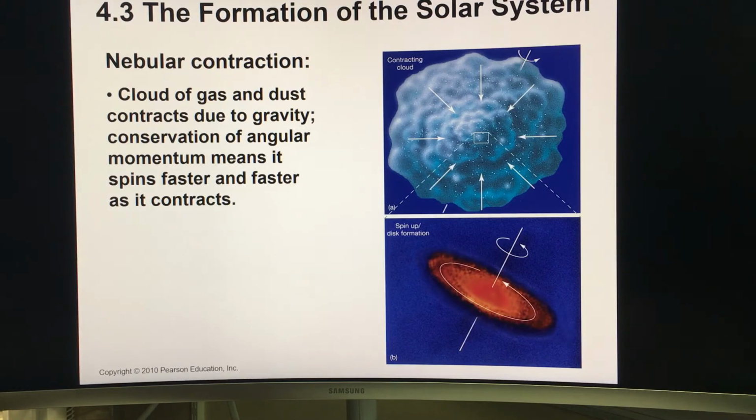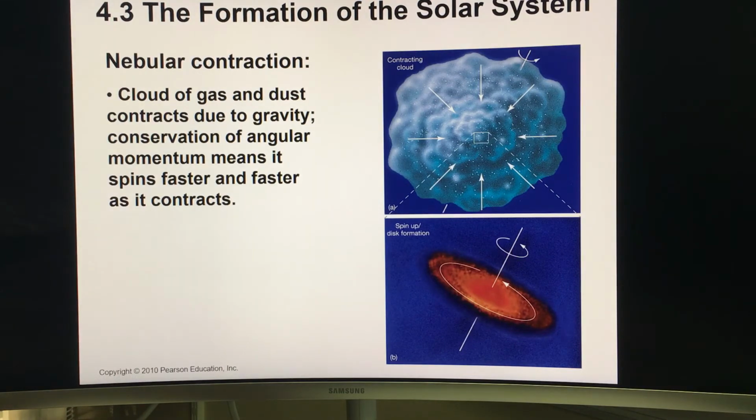Okay, the solar nebula, because of gravity, as you can see from this picture here. The cloud of gas and dust contracts due to gravity, so the material is moving towards the center. And because of the conservation of angular momentum, the whole nebula has to rotate.